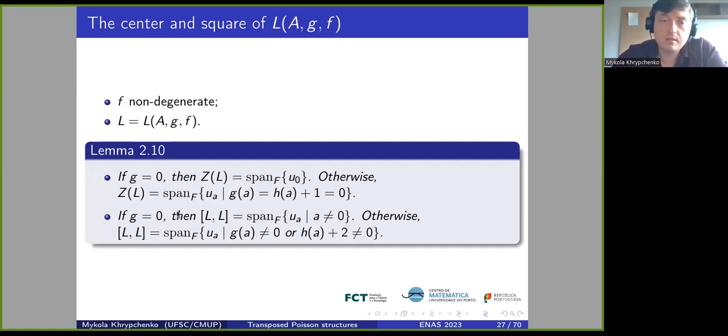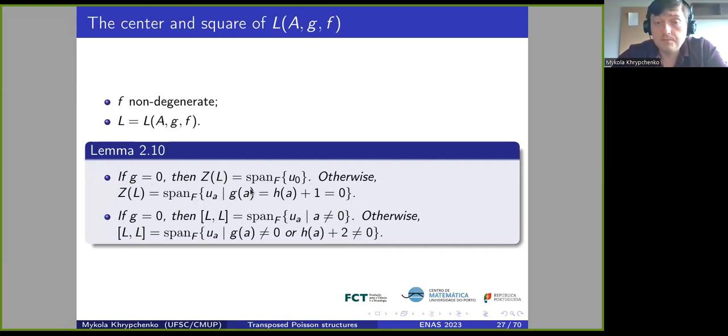So you see that if G is 0, then the center and the square have trivial intersection, and this is one of the cases that we saw in that description of structures of Poisson type.